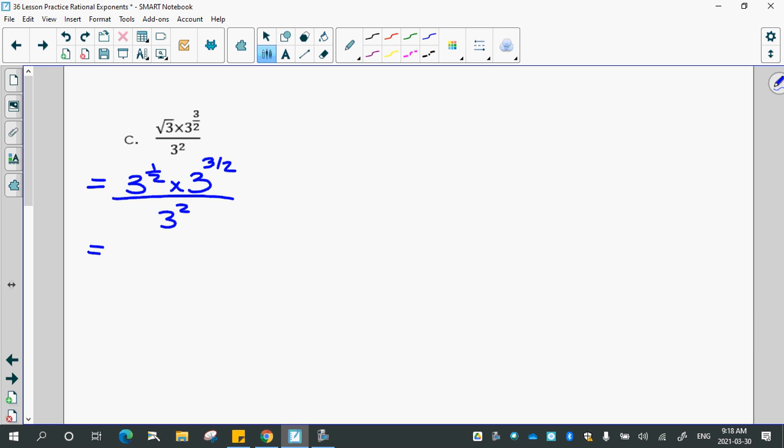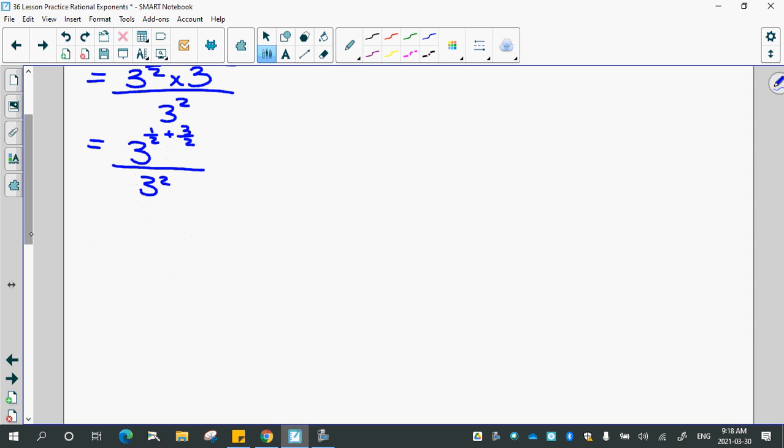So everyone's okay for that step? Yep. Then I'm going to, in the numerator, keep the base and add the exponents. But they already nicely have a common denominator for me. So right there, I can see the answer should be 1 because I have the exact same thing in the top and the bottom.